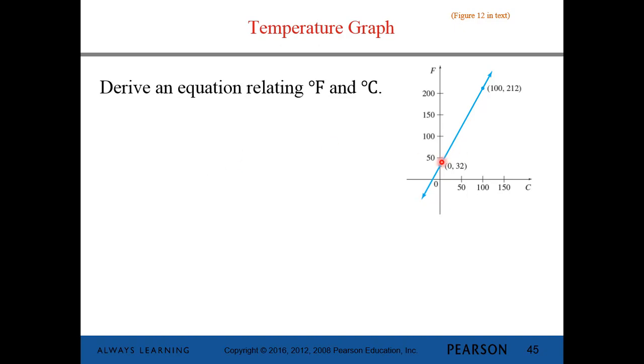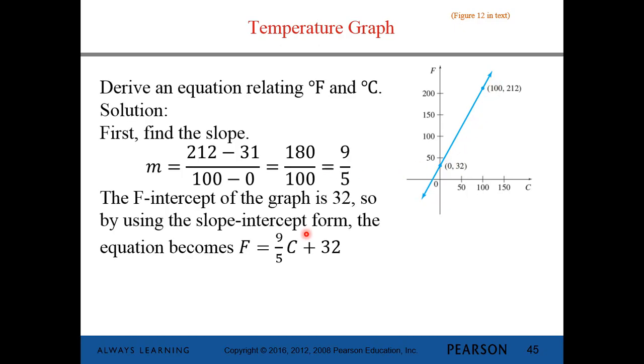So we're going to use the slope formula. We're going to take 212 minus 32 divided by 100 minus 0. So it's y2 minus y1 divided by x2 minus x1. And so when we do that, we get this.